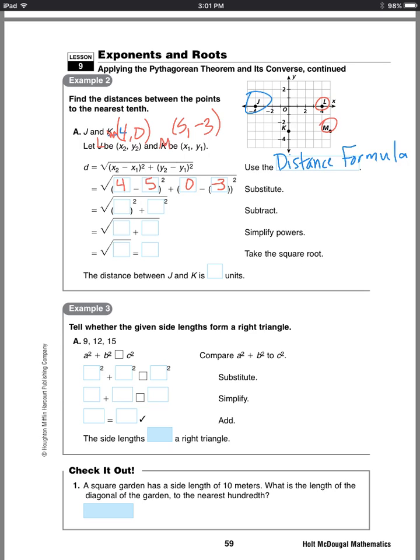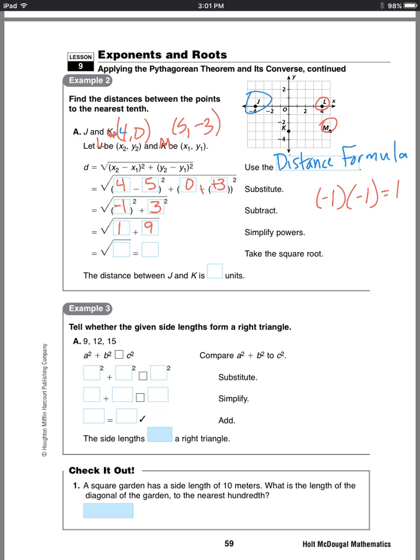Then we subtract. 4 minus 5 is negative 1. 0 minus a negative 3, there's two negatives, so we change those to positives, is 3 squared. And we simplify. Negative 1 squared is like negative 1 times negative 1, so it equals positive 1, plus 9, because 3 squared is 9.